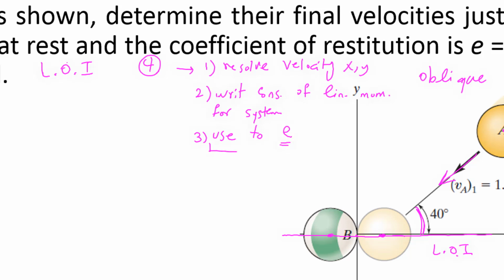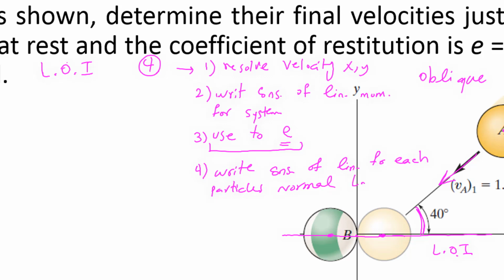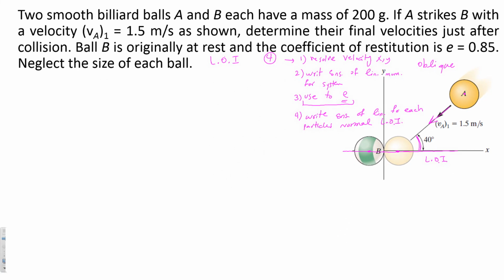This helps me to have one equation for my unknowns. And the fourth step is to write the conservation of linear momentum for each particle normal to the line of impact.